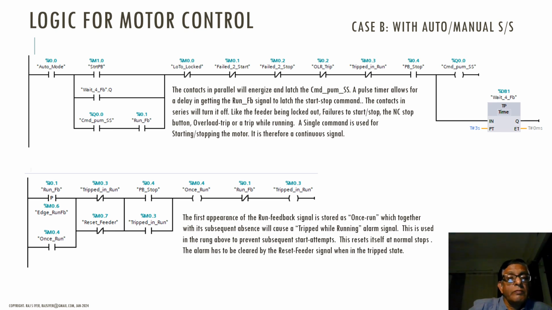So how this rung works is like this. At the first onset of the run feedback, we latch the once run signal, meaning it has been run at least once.